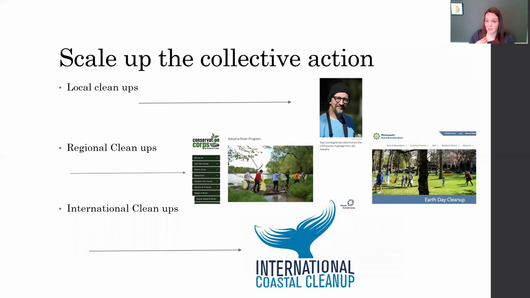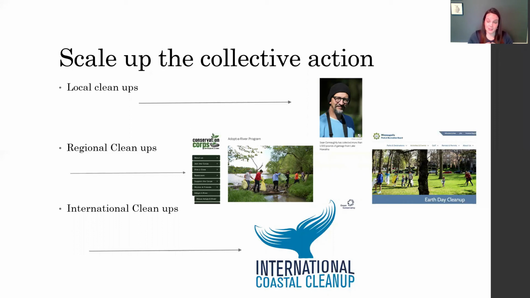So cleanups can look like a lot of different things, but what we find most often is that there are local cleanups. So for example, this gentleman here who cleaned up 1,500 pounds of garbage from Lake Hiawatha, to regional cleanups, larger areas such as the Dock the River program or some of these larger scale cleanups that happen throughout our communities, and then how those feed into international cleanups.